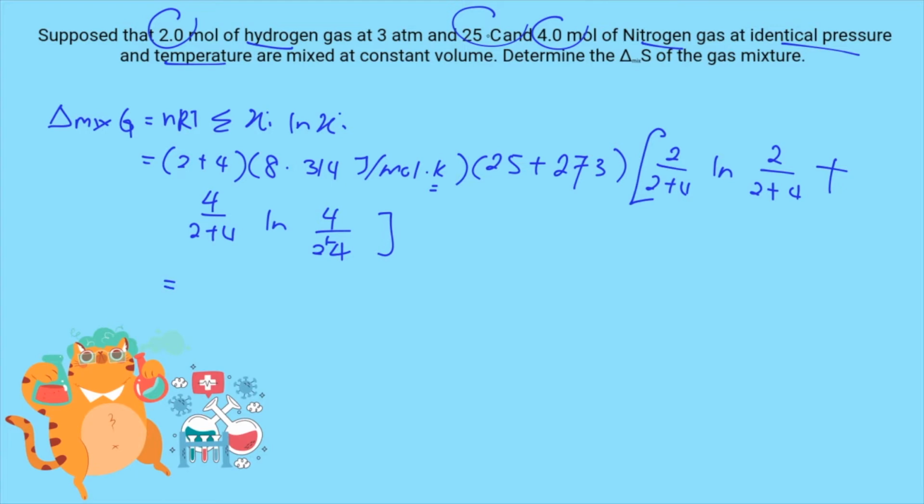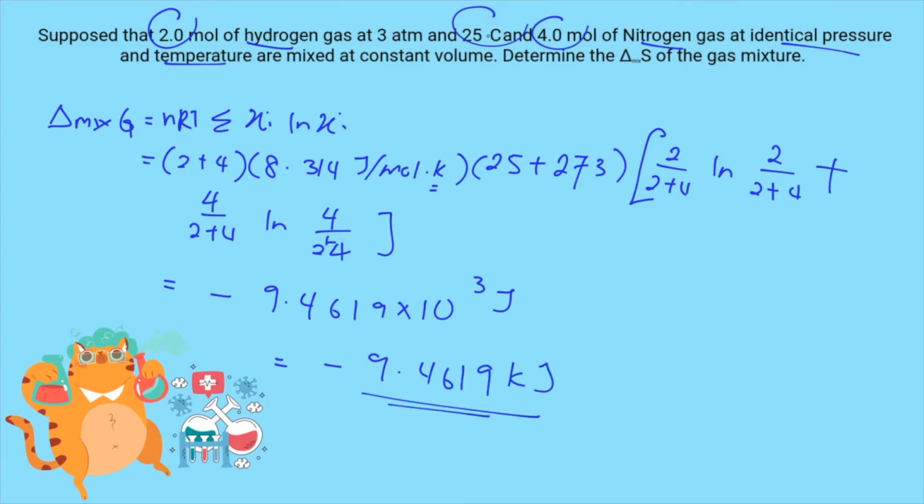Supposedly it is equivalent to negative 9.4619 times 10 to the power of 3 joule. So what you can do is convert this to kilojoule, making it negative 9.4619 kilojoule.